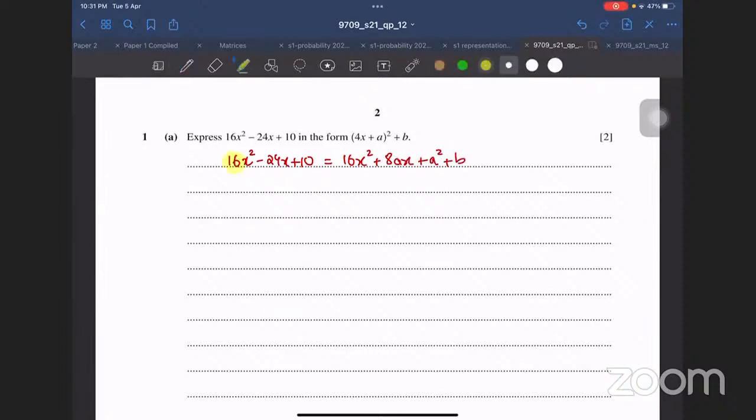Starting with the comparison, 16 is comparable to 16. x squared compared to x squared.